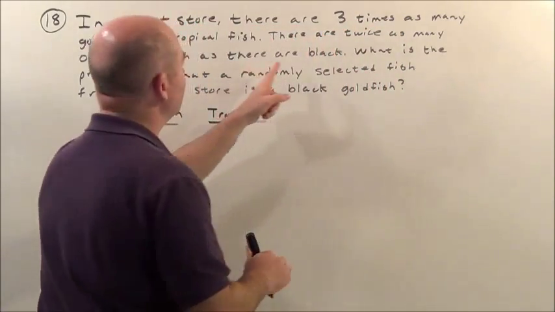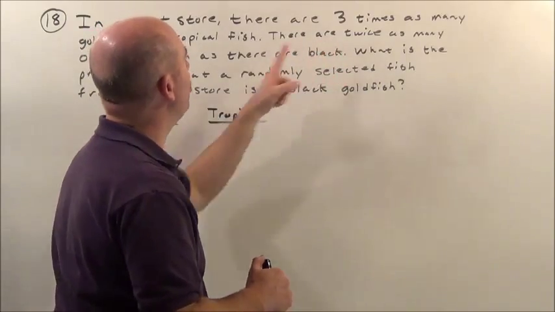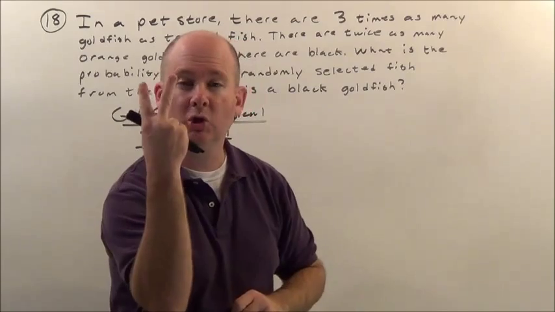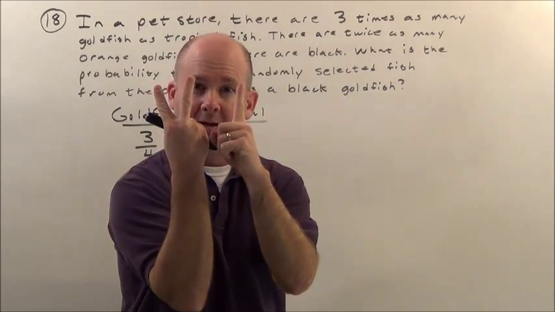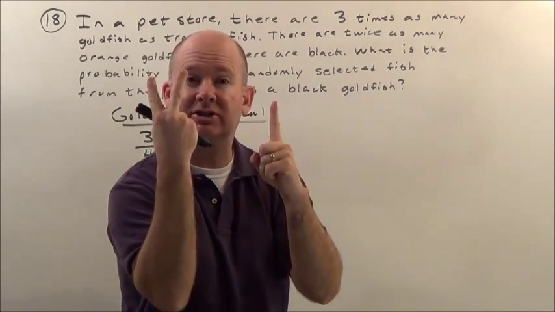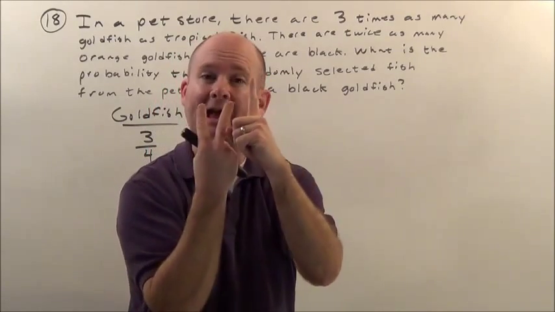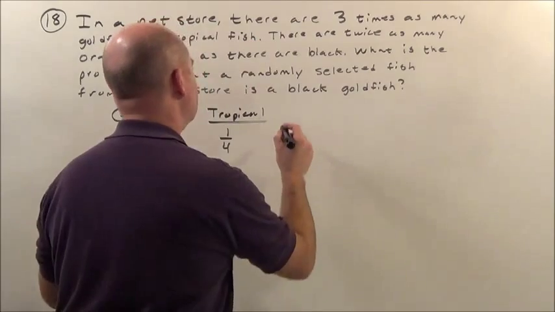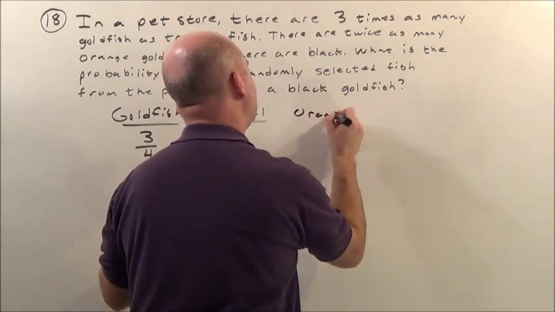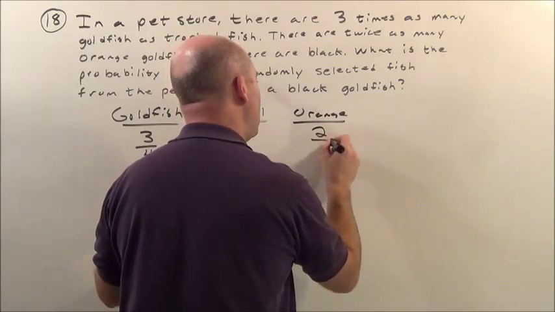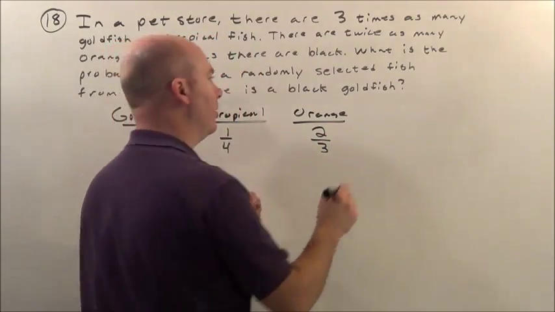Now, let's look at this. There are twice as many orange goldfish as black. So for every 2 orange, there's only 1 black. Which means the chance of getting orange is 2 out of 3. The chances of getting a black is 1 out of 3. So let's say the chance of getting orange, twice as many, so there's 2 out of 3 chance of getting orange.